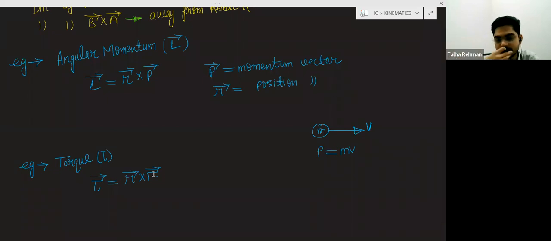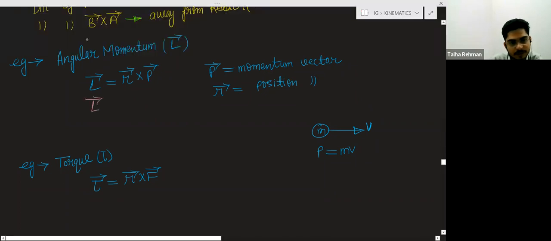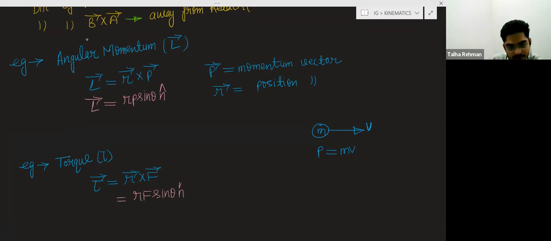If we open this cross product, for the L vector we write magnitude of r, magnitude of p, sine theta into n cap. We can write this for torque also: r into F into sine theta into n cap.